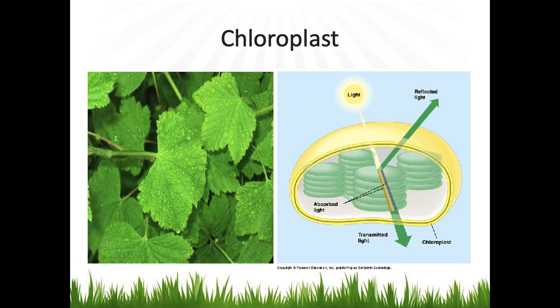Those colors are always there, but the chloroplasts in the plant leaf are what make it green. In the winter, the plants pack up their chloroplasts to prepare for winter, and they've removed the chloroplasts from the leaves, and that's why the leaves turn different colors, because there's an absence of these green chloroplasts. They don't need the leaves in the winter. There's no photosynthesis happening, so that they can pack up the chloroplasts and get rid of the leaves.